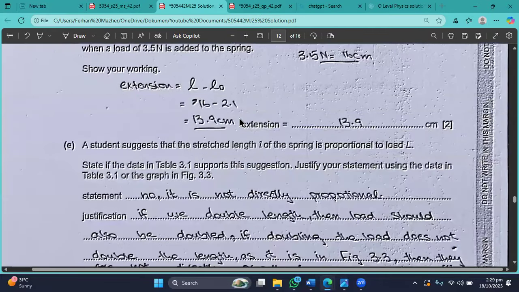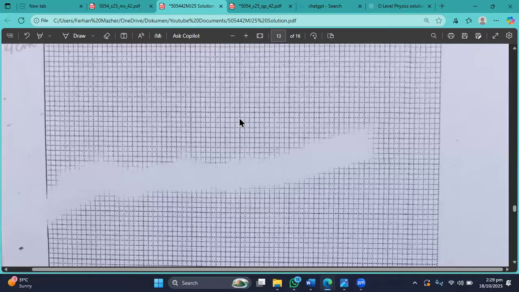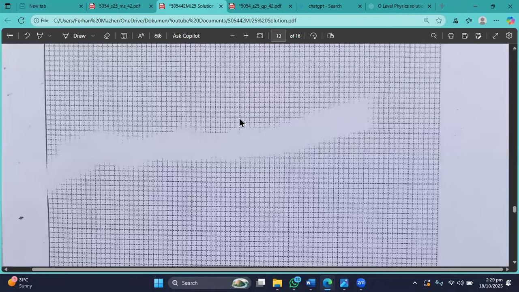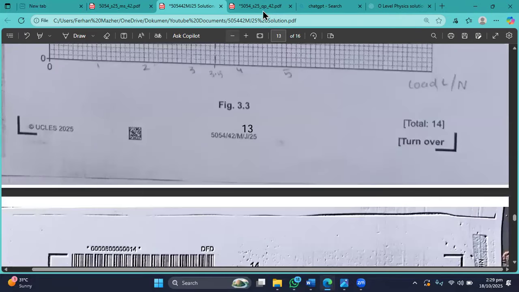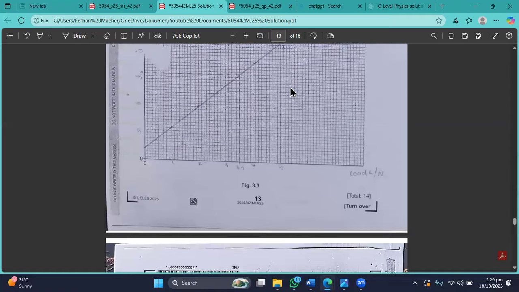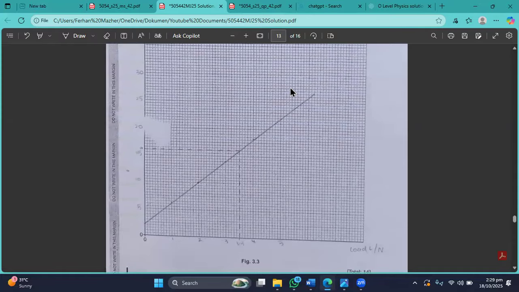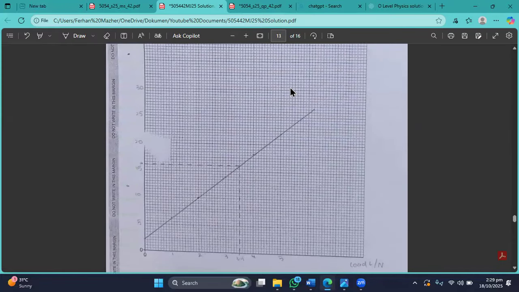So let me show you. Here you can see we have drawn that graph. On the x-axis, I have taken load, capital L, its unit is Newton. Every 2 centimeters represents 1 Newton.